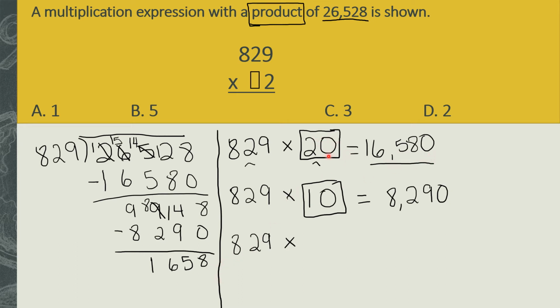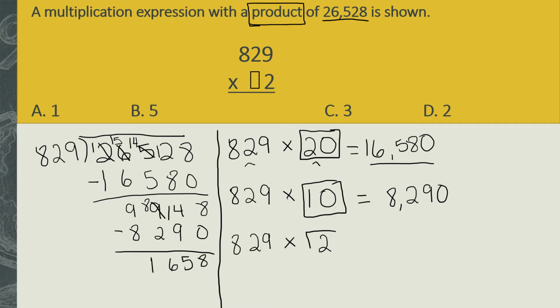Well, remember, whenever you're multiplying with the number with the 0 at the end, you multiply, for example, here would be the 2 times 829, and then you just add your 0 at the end. That means that 829 times 2 is this number without the 0, which is this number. That tells me that my mystery number here is going to be 2.